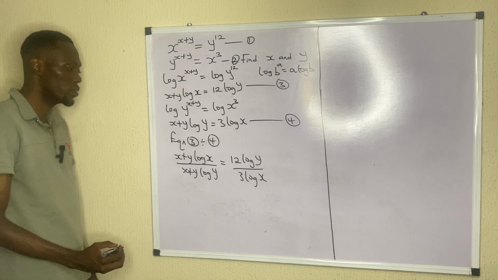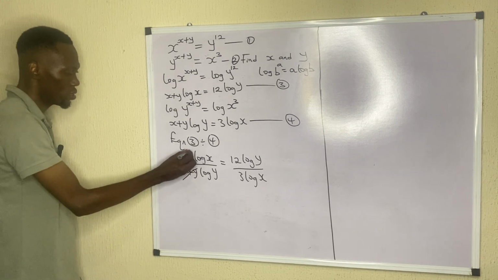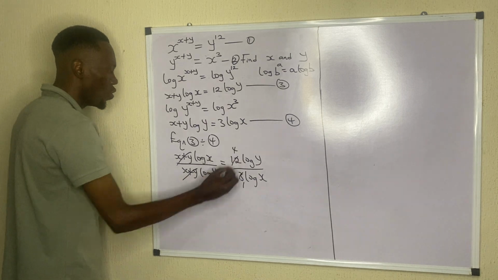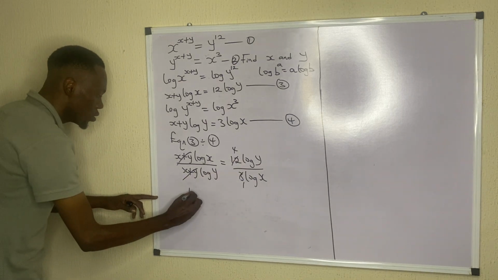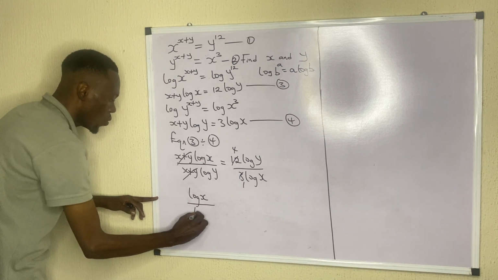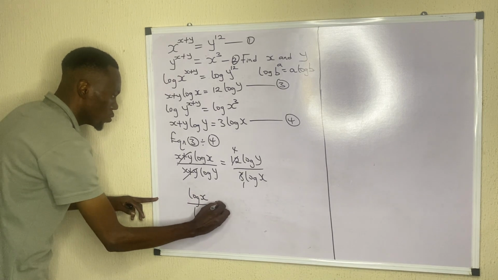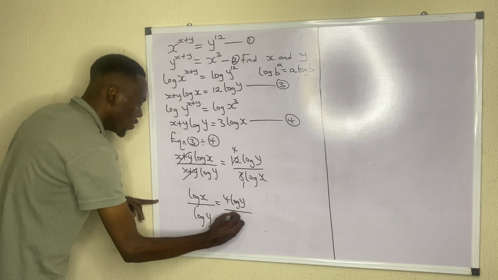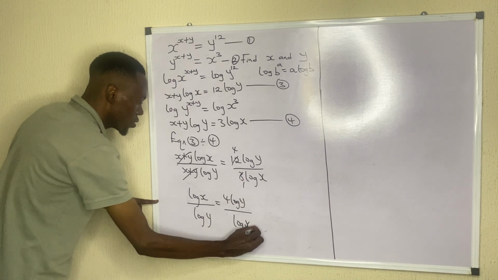Can you see where we are going to now? This we cancel this, and also 3 here is 1, 3 here is 4. So I'll be left with log x divided by log y is equals to 4 log y over log x, right?